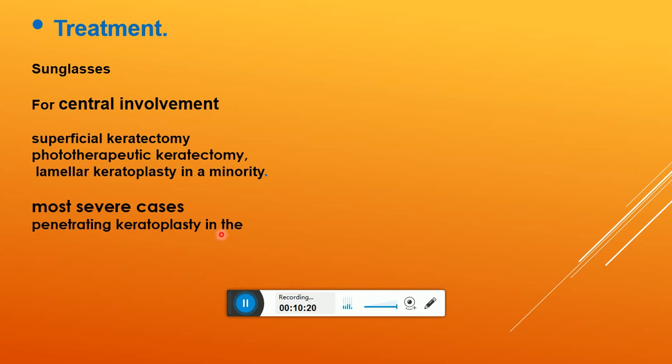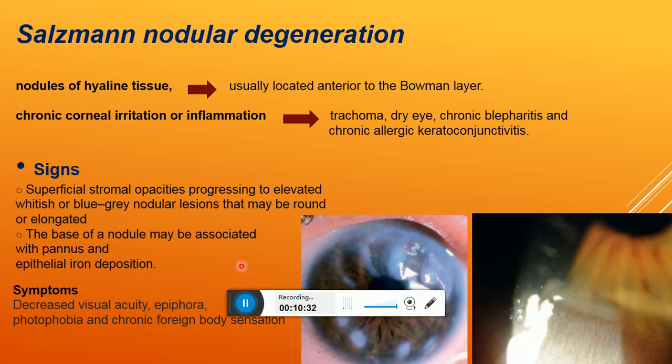Treatment: protection against ultraviolet damage with sunglasses, superficial keratectomy, and lamellar keratoplasty in a minority. Salzmann nodular degeneration consists of nodules of hyaline tissue, usually located anterior to the Bowman layer.